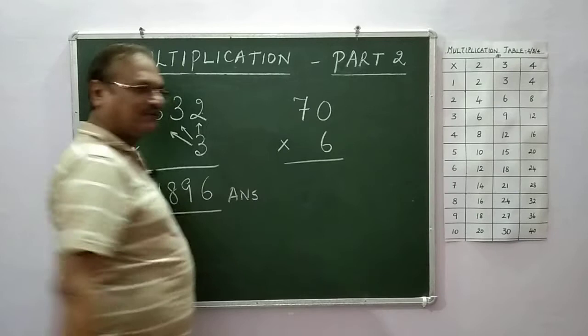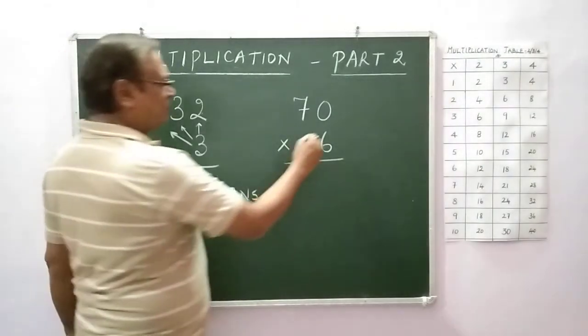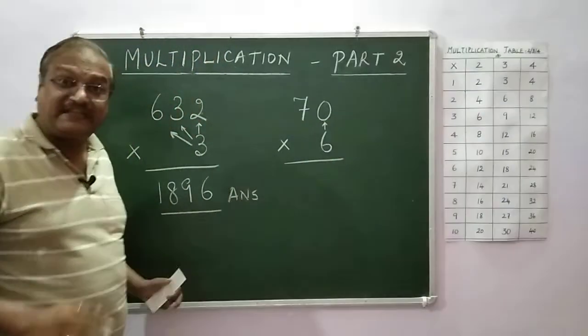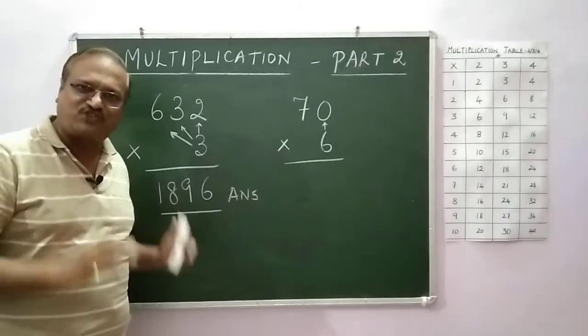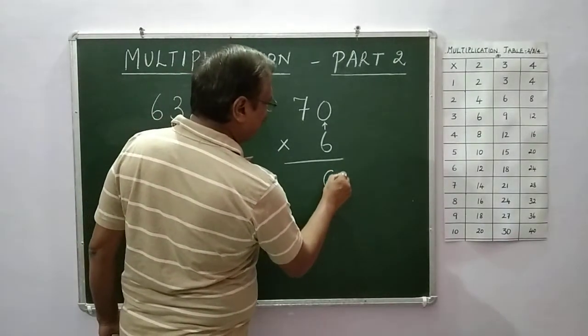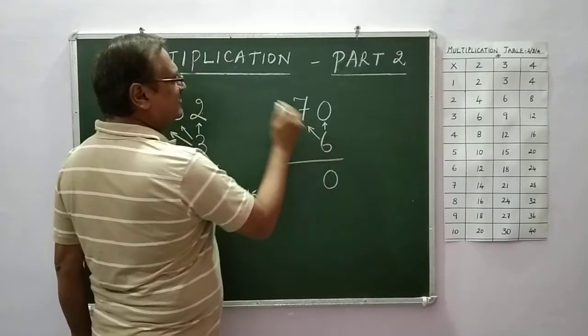I will do the next problem now, that is 70 multiplied by 6. What will happen? 6 multiplied by 0. Anything multiplied by 0 is 0. So it will become 0. Right. Now 6 multiplied by 7.